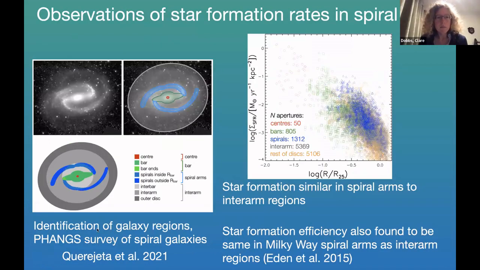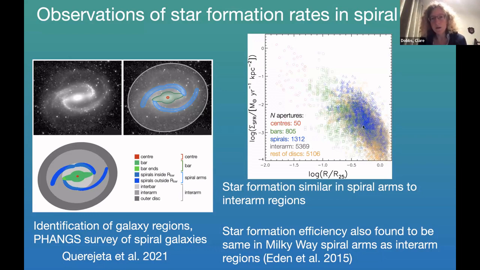And that was with simulations, and the same thing is found in observations as well. This was work on a survey of galaxies. People take their galaxies and make masks to identify different regions, like spiral arms, bars, and interarm regions. On the right, this plot shows the star formation rate per unit area versus the radius in the galaxy, taken over kiloparsec areas.